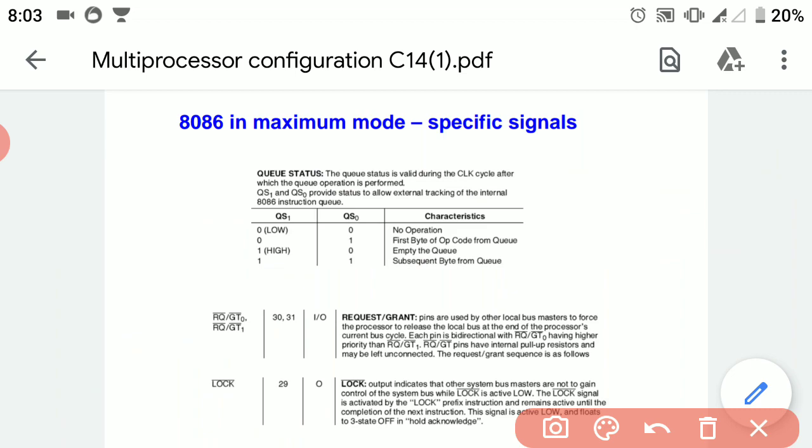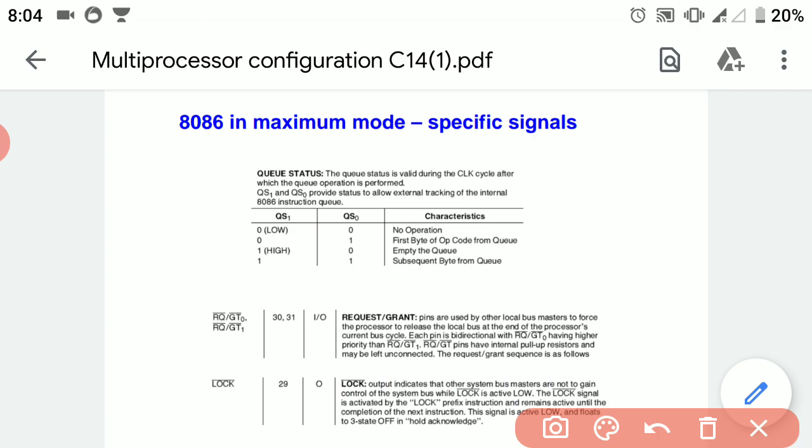The lock output indicates that other system bus masters are not to gain control of the system bus. This lock is operated when we are not allowing other bus masters to control the system bus of the main processor. This lock pin is activated at low state.